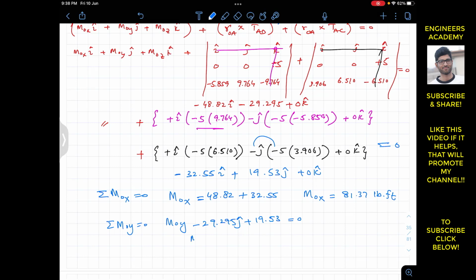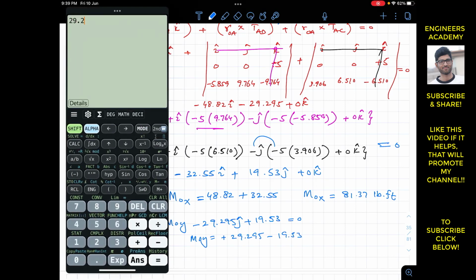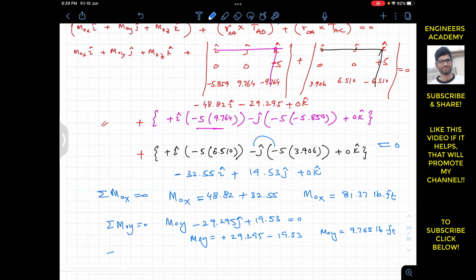So we can write that MOY is equal to plus 29.295 minus 19.53. This gives me MOY equals 9.765 pound feet.